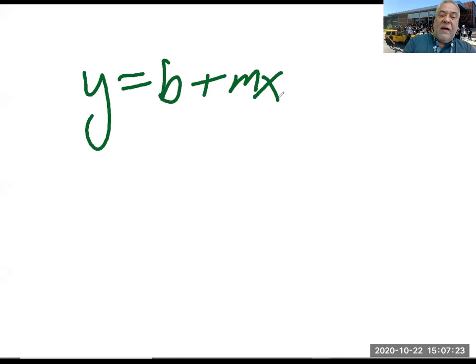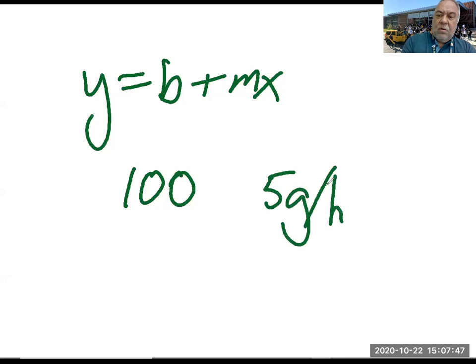So if I start out with 100 gallons in my tank, I'm driving a big truck, and I'm using 5 gallons per hour, what does my equation look like for how many gallons I have left at any given point?